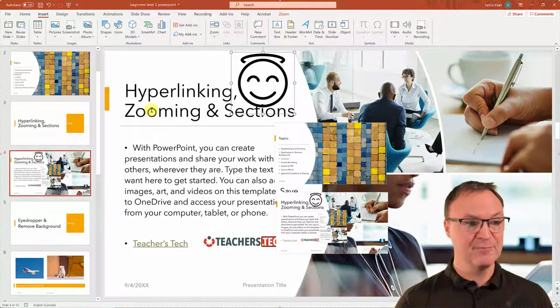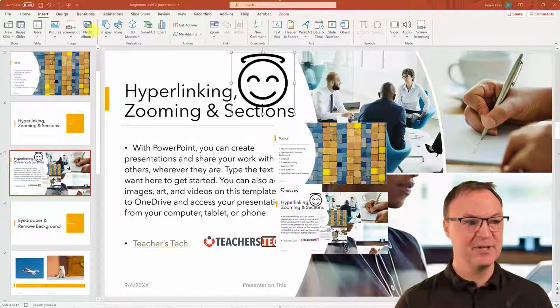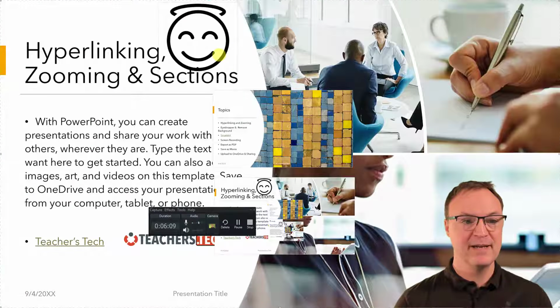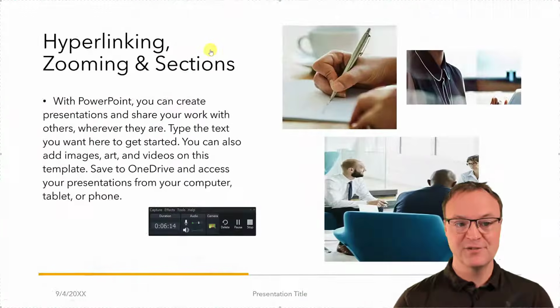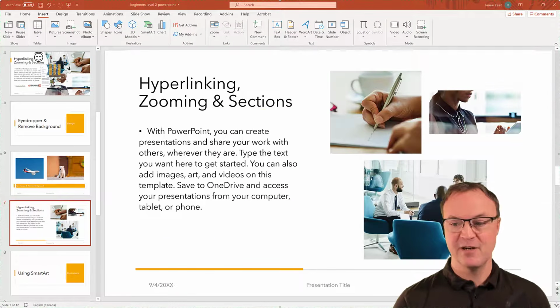I'm going to go back and present this again. Hit present, and I get my double monitors. As I click on this, you'll see it still zooms to it. So it has that transformation on it.